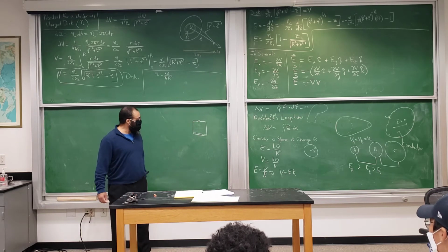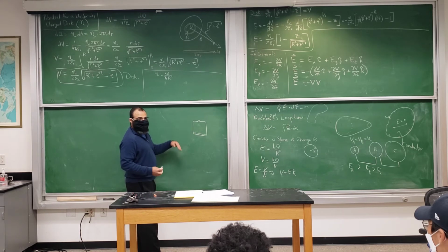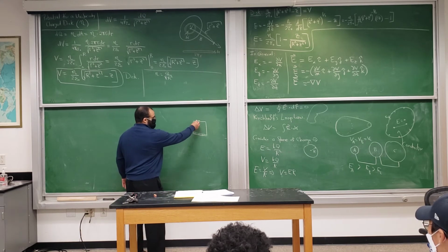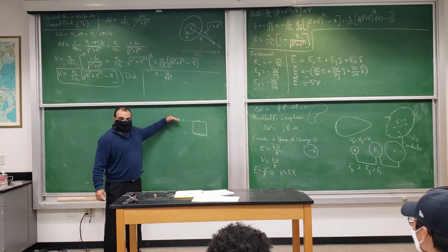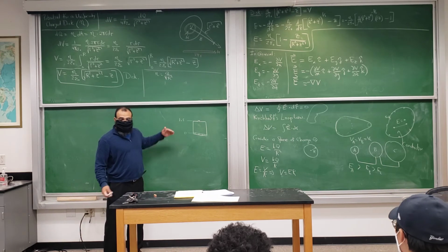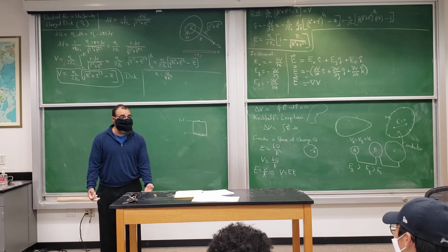So what the battery does is maintain a potential difference between the 2 ends. If this one is 0, then for a 1.5 volt battery, this will be 1.5. What matters is the potential difference. Again, at what height am I standing?